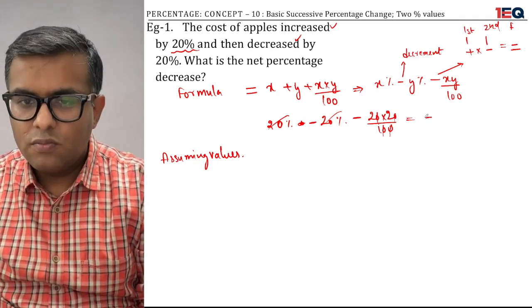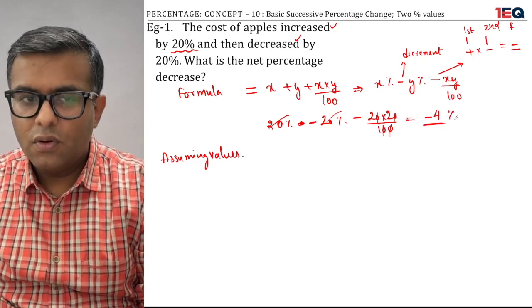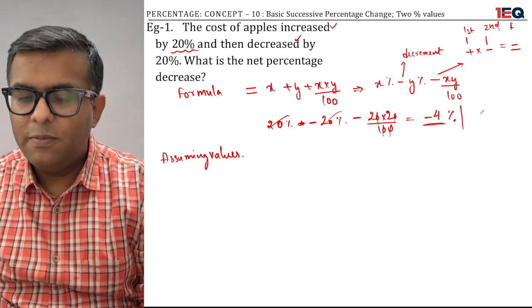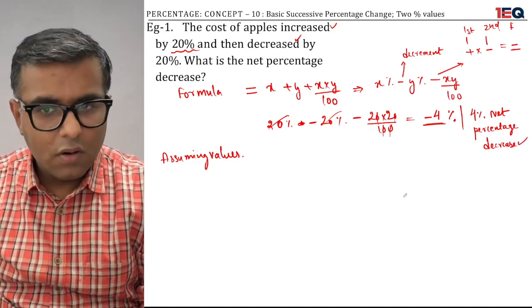So minus 4, or the net percentage decrease is 4%. Got it?